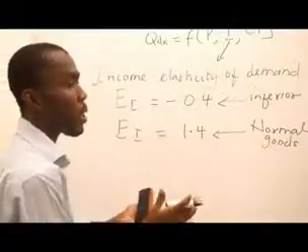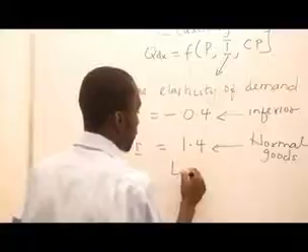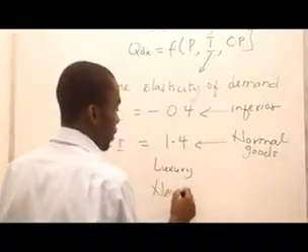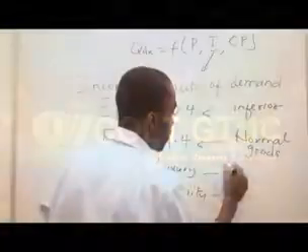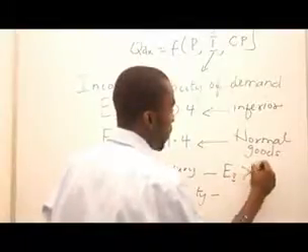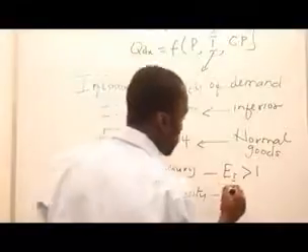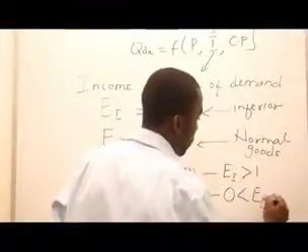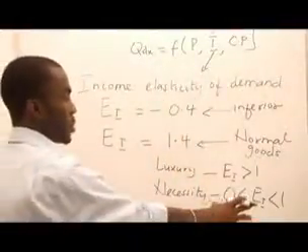Even under the normal goods, we can have luxury and then necessity. For the luxury good, your elasticity will have to be greater than 1. But for the necessity, it has to be between 0 and 1. Okay, and it has to be positive.